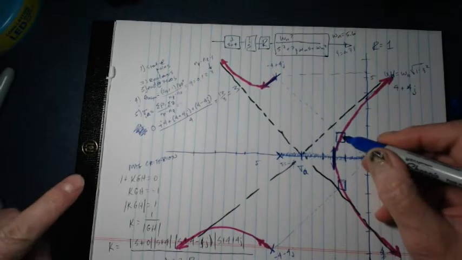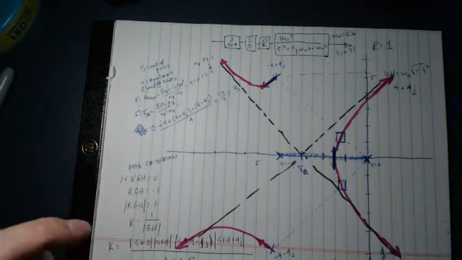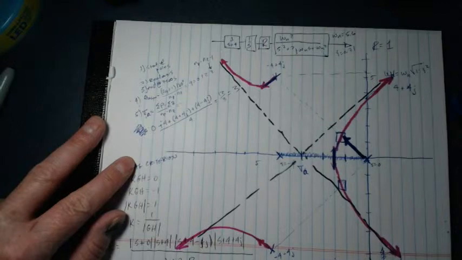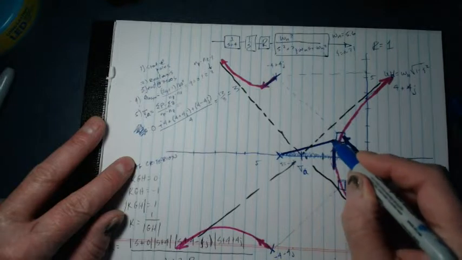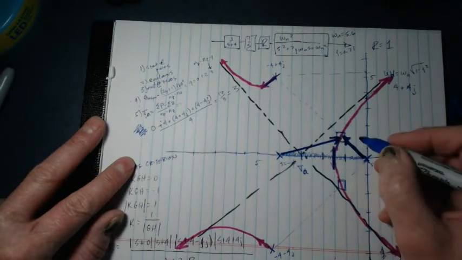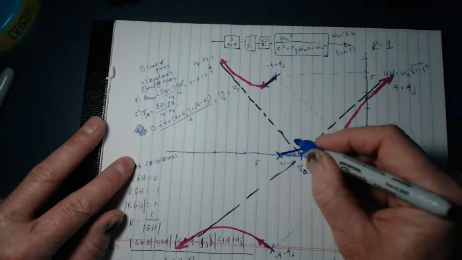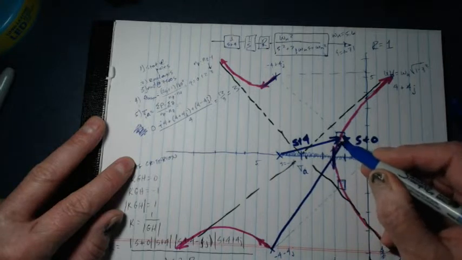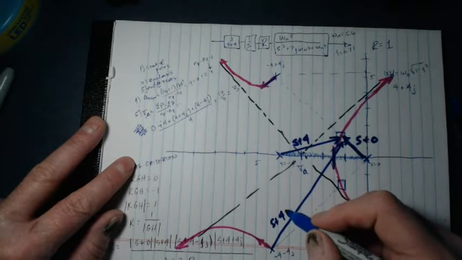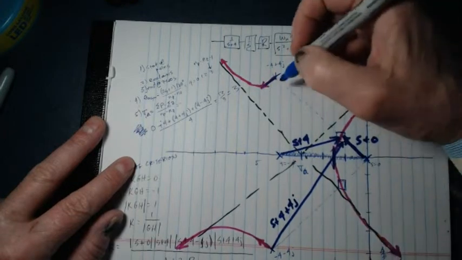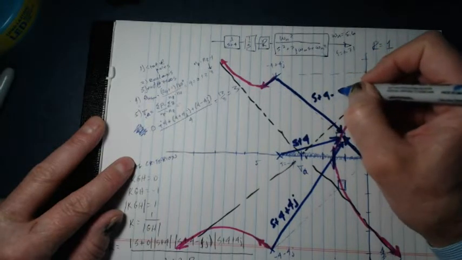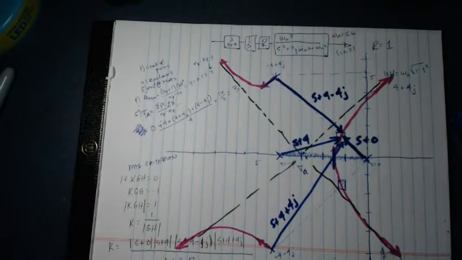So if I want a K that will meet this criteria, I just have to measure the length of each of these roots. This is s plus 0. This is s plus 4. Here is s plus 4 plus 4j. And this is s plus 4 minus 4j. And so all I have to do is measure those things.